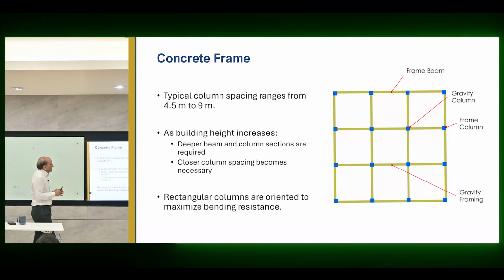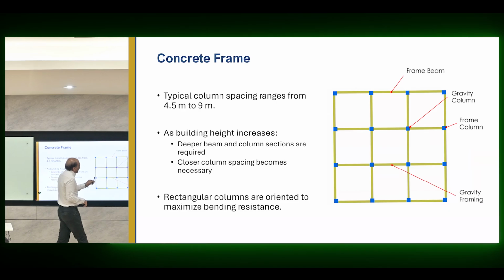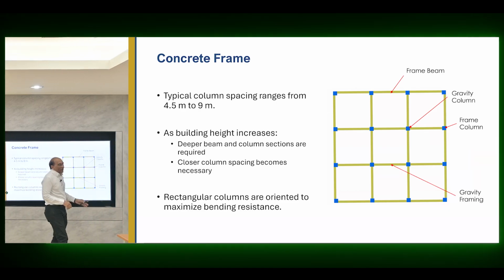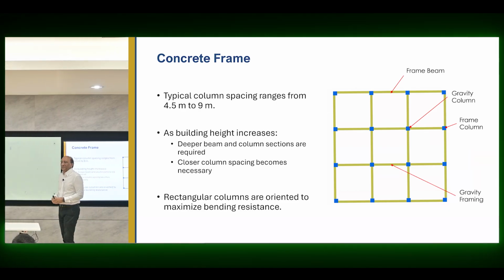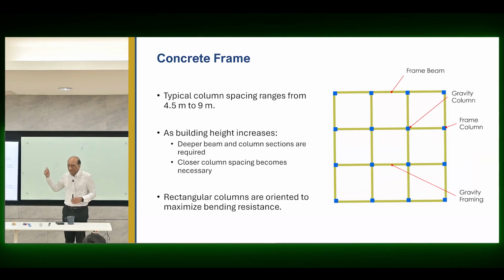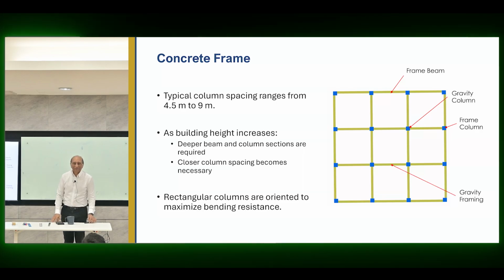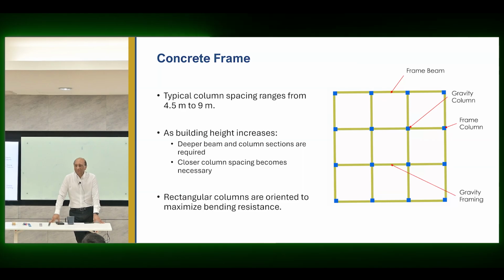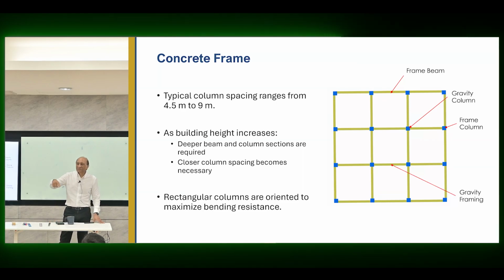The distinction between a gravity frame and a gravity column is whether it is going to be part of the load resisting system or not, right? Now, why in this one did I put inside column and inside beam as gravity only? Because we are trying to move the load resisting system to the outer boundary of the building as much as possible, following one of the rules.